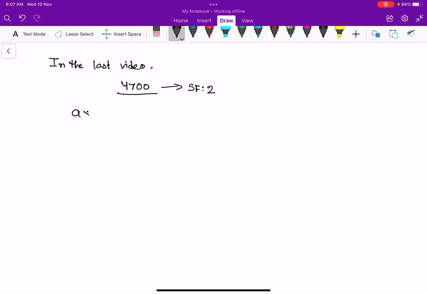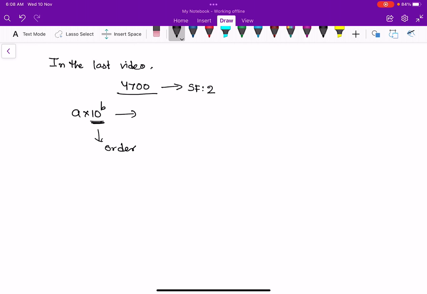And there is the a into 10 power b notation. What is that actually? A lies between 1 and 10, right? And what is 10 power b? 10 power b is the order.